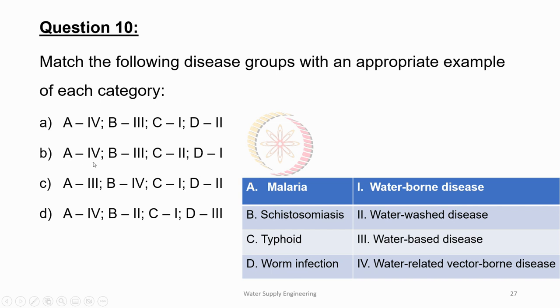Option B: A4, B3, C2, D1. Option C: A3, B4, C1, D2. Option D: A4, B2, C1, D3. So, which is the correct option? Match the disease groups with the example.